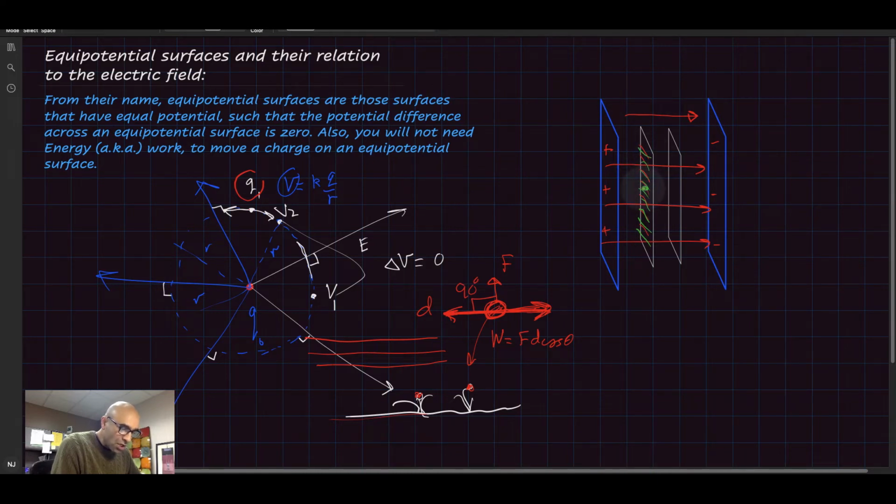And you put a charge here. This charge can be moved on this equipotential surface anywhere without spending any work, because the potential on this surface is always equal. It's the same. So delta V on this surface is equal to 0.